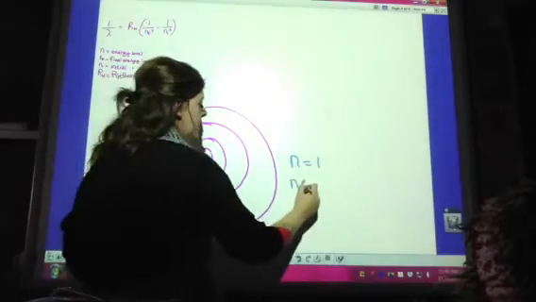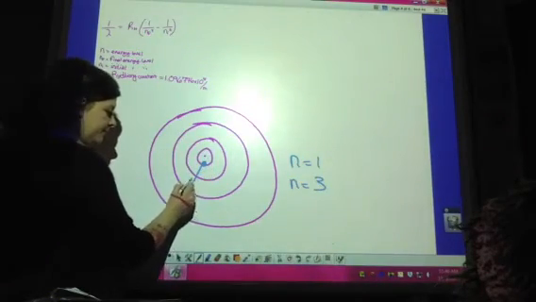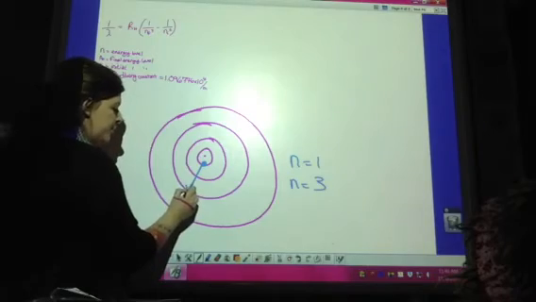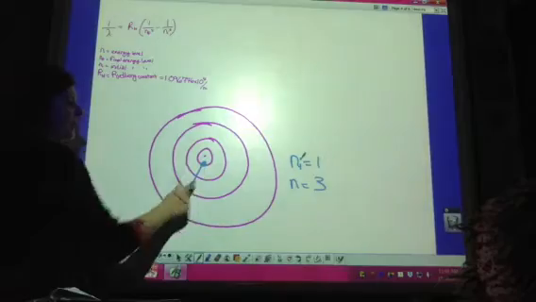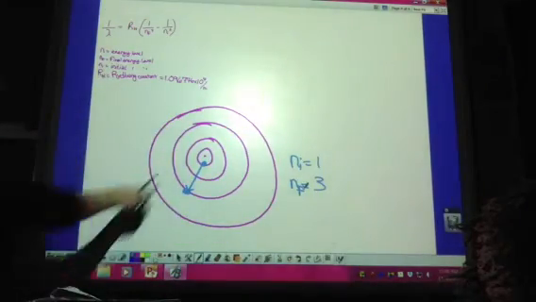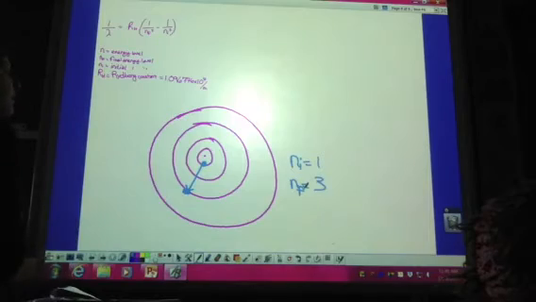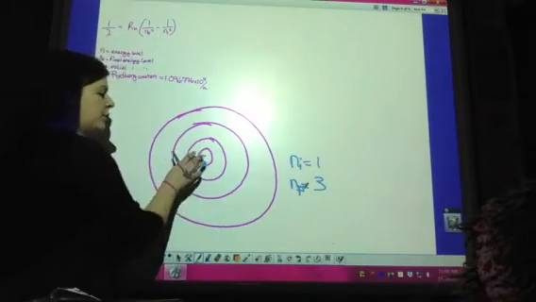It's going to move 2 energy levels. So its initial position was n equals 1, and it absorbed energy to move to its final energy level, n equals 3. When electrons absorb energy, they move farther away from the nucleus.